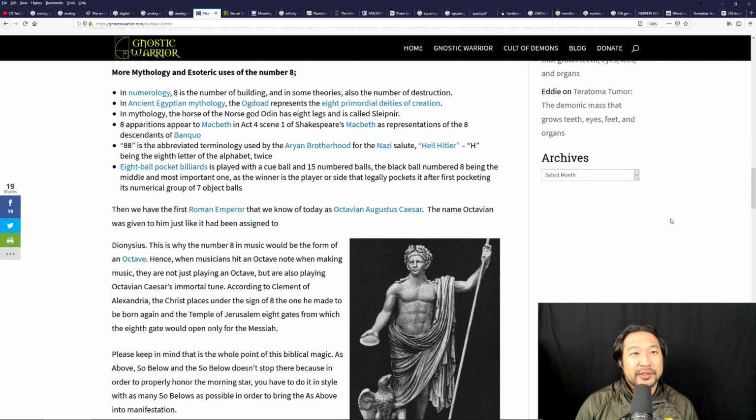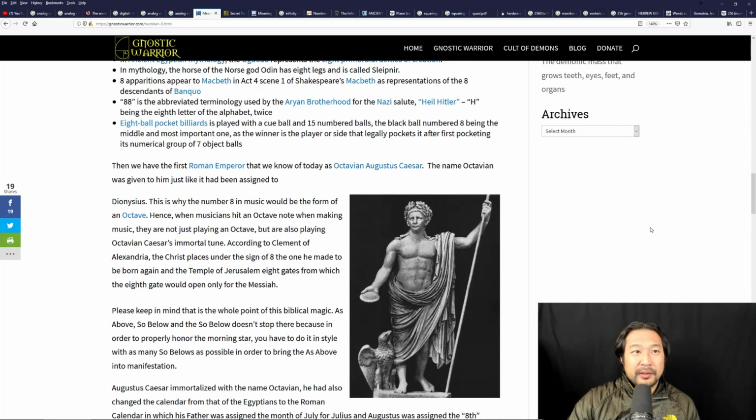The 8 apparitions appear to Macbeth in Act 4, Scene 1 as representations of the 8 descendants of Banquo. 88 is the abbreviated terminology used by the Aryan Brotherhood for the Nazi salute, Heil Hitler, H being the 8th letter of the alphabet twice. 8-ball pocket billiards is played with the cue ball and numbered balls. Oh, remember the Magic 8 Ball?